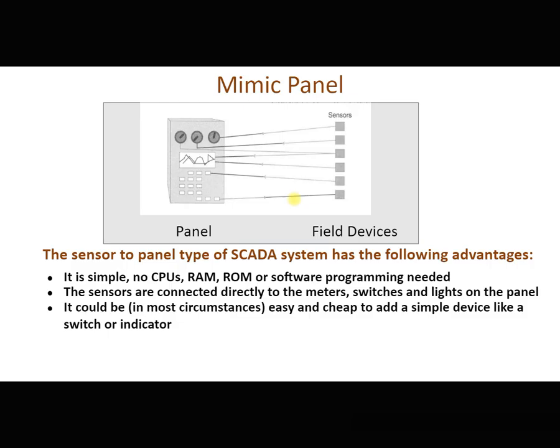Sensors are connected directly to the meters, switches, and lights on the panel, so software and graphic designing were not required. It is easy and cheap to add a simple device like a switch or indicator. This usually refers to being very economical and easier for small scale industries, where we have IOs of less than 250 or 300.